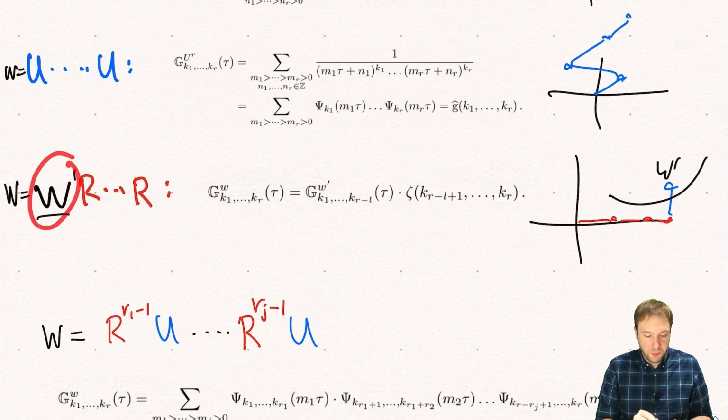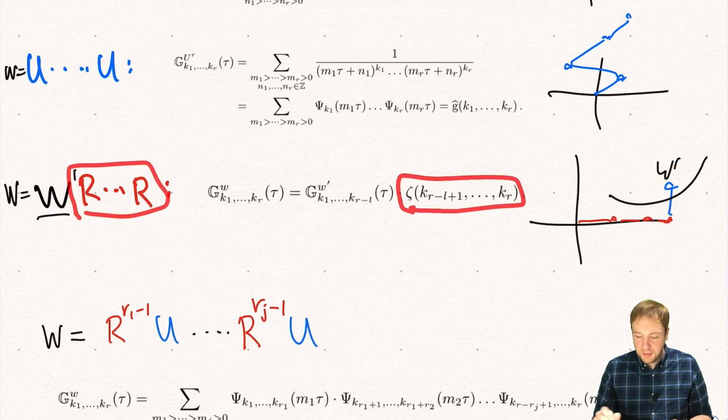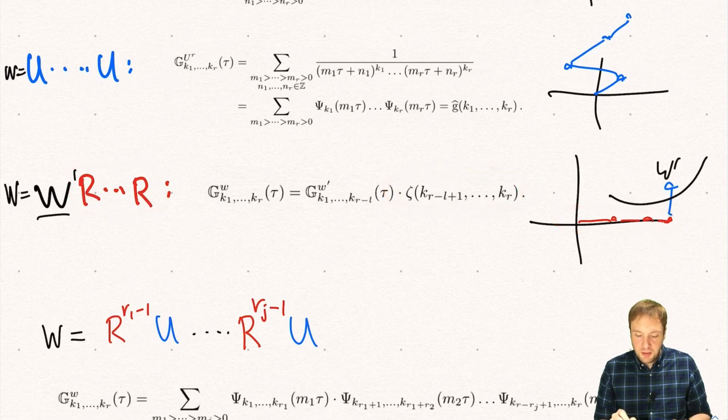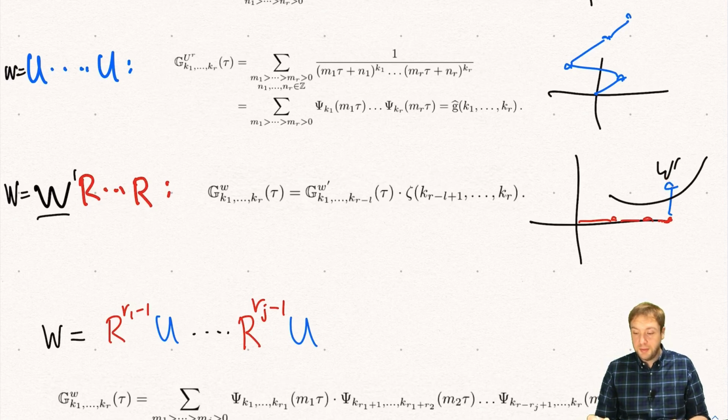So if I have a word w which has some w prime which ends in u, and then there's some r's, then I can split off these terms here, which gives me a multiple zeta value, and afterwards I have a g of w prime where the last letter is u. So it's something starting in the upper half plane.